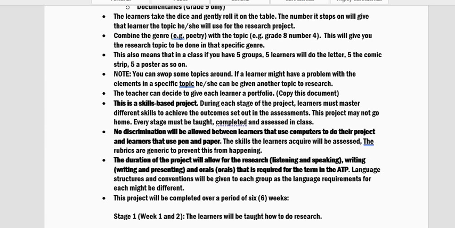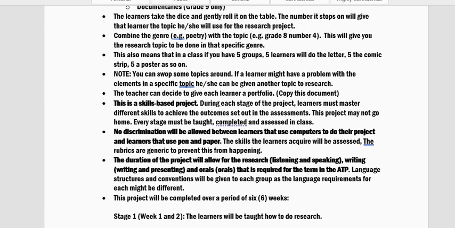The genre will then be combined with the topic, and this will give the learner the research topic to be done. This may differ depending on how you are going to manage it within your specific situation. Keep in mind, topics can be swapped around. If a learner really does not feel at ease with a certain topic, you may give him another topic.